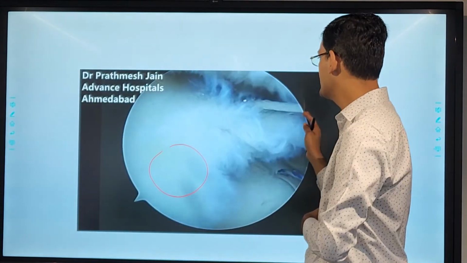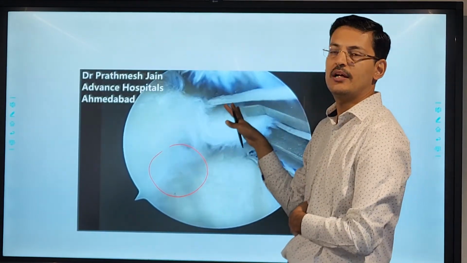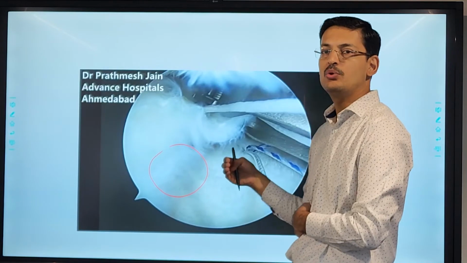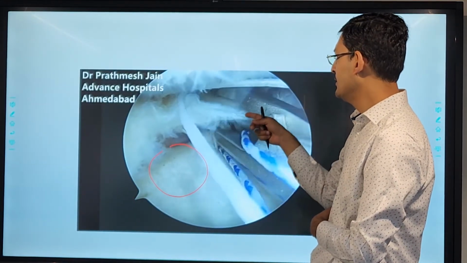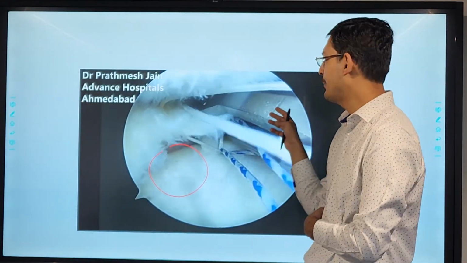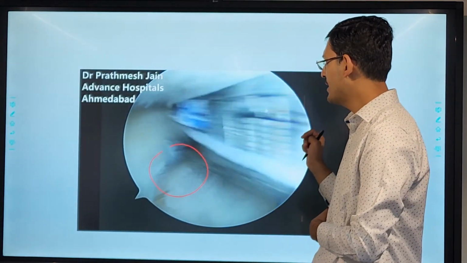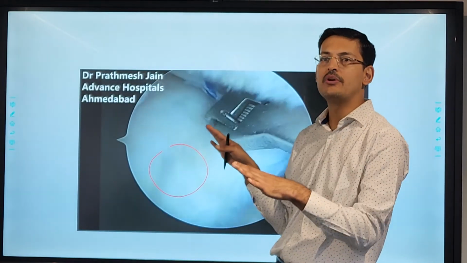So this makes good sense for reducing the meniscus back into its place. Now because it is a central anchor, you have to do a mattress suture. So all the four sutures are passed in a mattress fashion, and then you will repair it.